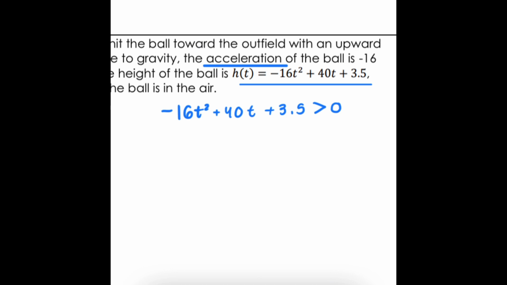Now, the problem with this particular question is we're working with something that isn't going to factor, so we're likely going to have to use a quadratic formula or completing the square. Looks like here we're going to have to use quadratic formula. So, if you recall, x equals negative b plus or minus the square root of b squared minus 4ac all over 2a.